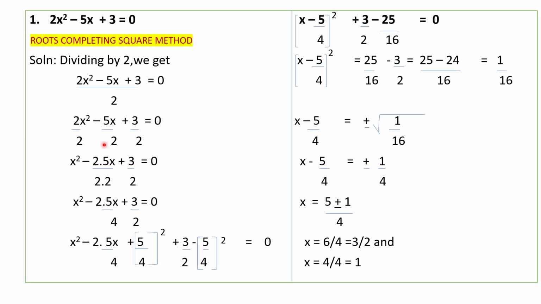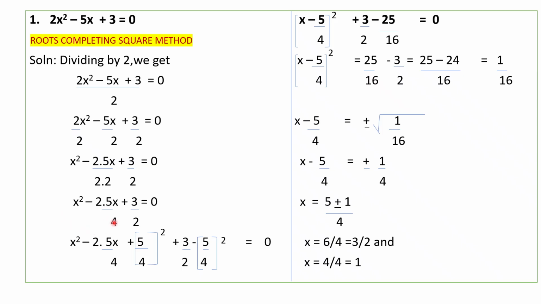Okay. Then what you will see, x square minus 2 into 5 upon 4 into x. So this 2 we will not touch. Plus 3 upon 2 equal to 0. Because this will make the formula for the square, because 2ab, you know, is the middle term there. So x square minus 2 into 5 upon 4 into x plus 3 by 2 equal to 0.